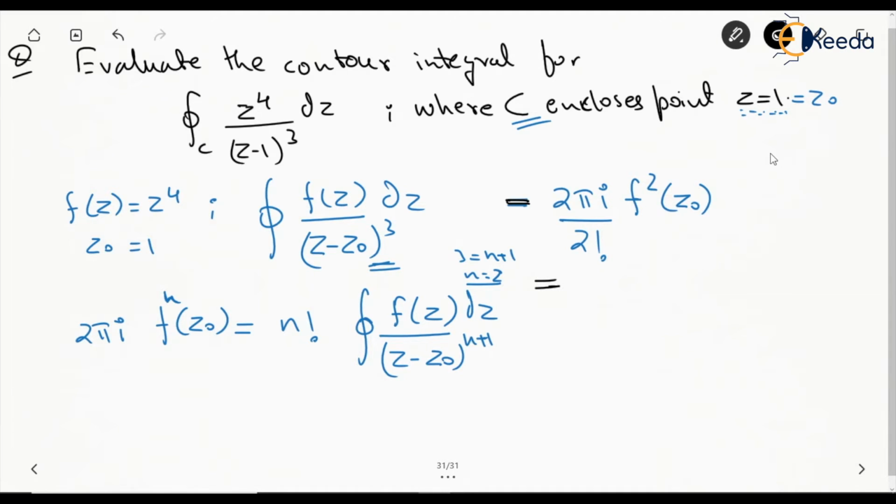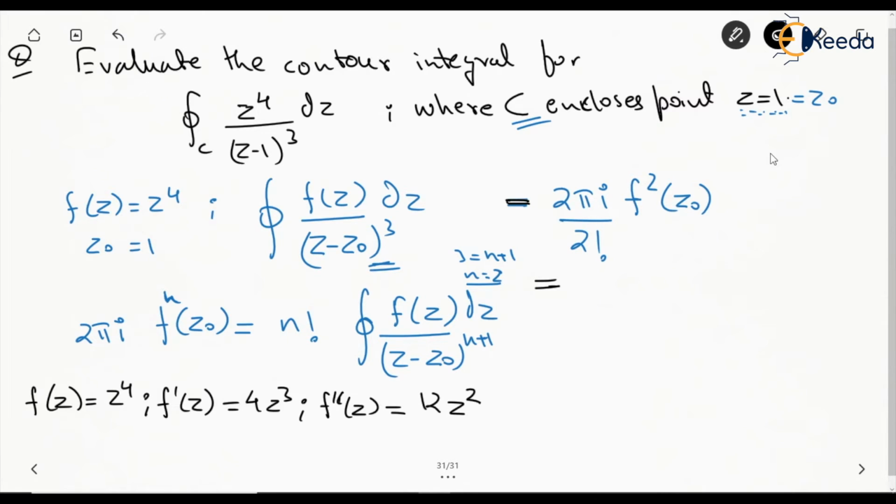So let's see what is f of z. F of z is z to the power 4, so f dash of z will become 4z cube and f double dash of z will become 12z square.